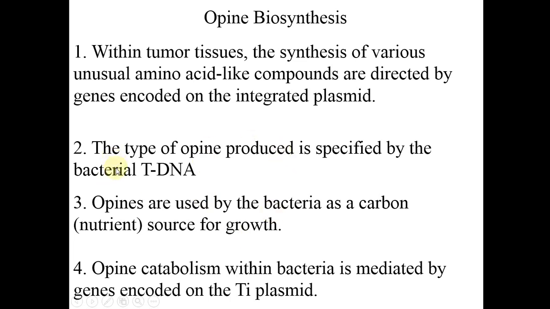The type of opine produced is specified by a bacterial tDNA. tDNA is the transfer DNA present onto the Ti plasmid, which is transferred into the plant nucleus and combines with the plant cell's DNA. Opines are used by bacteria as a source of carbon for their growth.